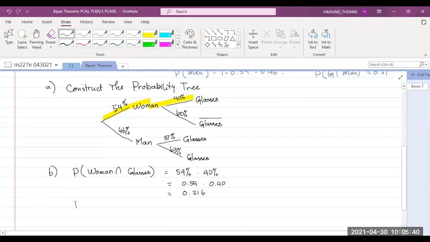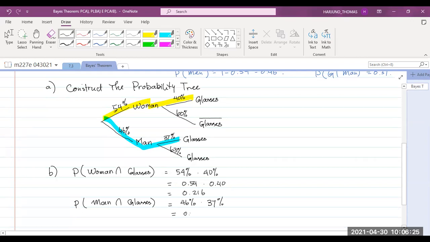How about if we want to find the probability a randomly selected person is a man and wearing glasses? Man and wearing glasses will be this path. So 46%, that's the probability of selecting a man, and 37% probability of wearing glasses from that man.